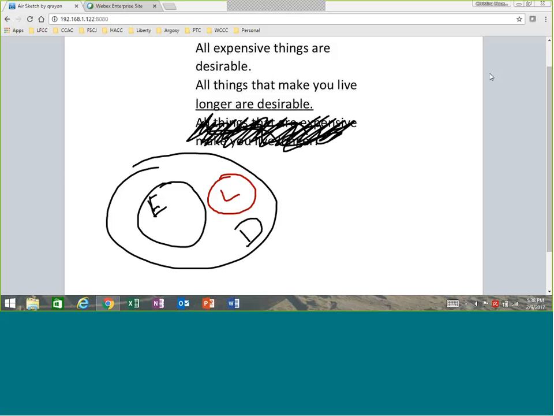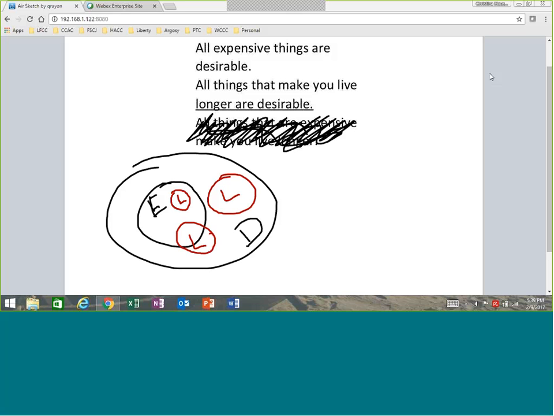Could look like that. But it could also look like that because as long as it's inside the desirable circle, it really could be anywhere floating in here. It could be right here as well. It's another place. So this is where I'm saying you need to draw all the possibilities when you are drawing your Euler diagram.